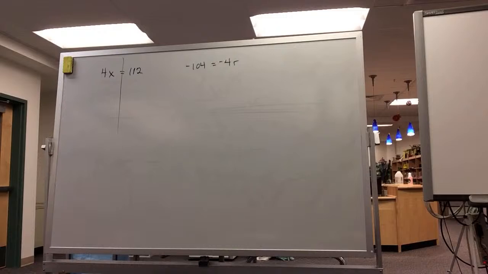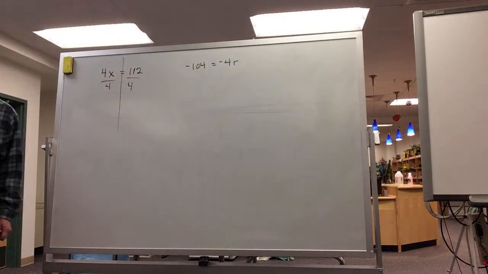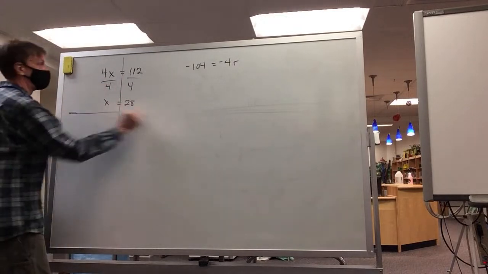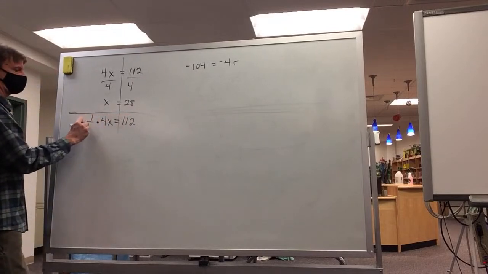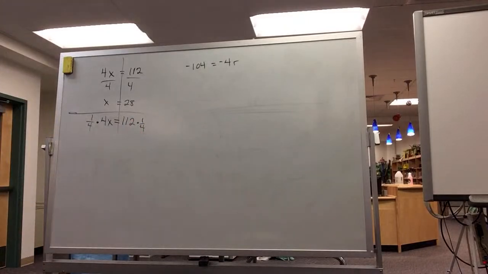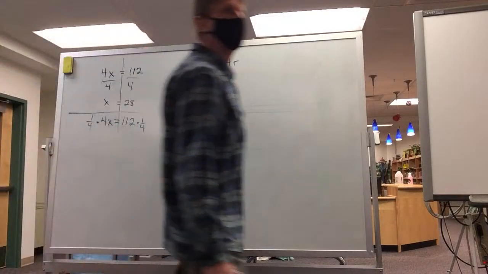Okay, so if you were dividing by the coefficient, you can set it up like so. And then you would have x is 28, and then you're set. If you were going to multiply by the reciprocal of 4, which is a fourth, then you would take that times a fourth. And you would end up with exactly the same thing down here. Work that one if you haven't already.